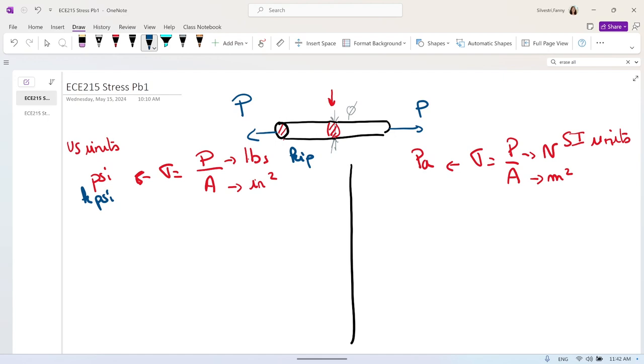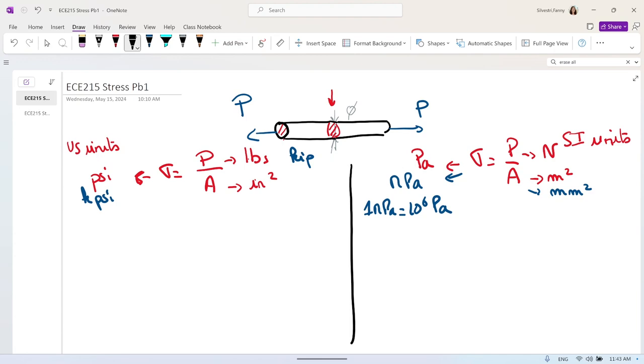So instead of meters squared, we can use millimeters squared, and that will give us megapascals. So 1 megapascal equals 10 to the 6 Pascals, and usually megapascals make more sense. Okay, so let's get some numbers there.